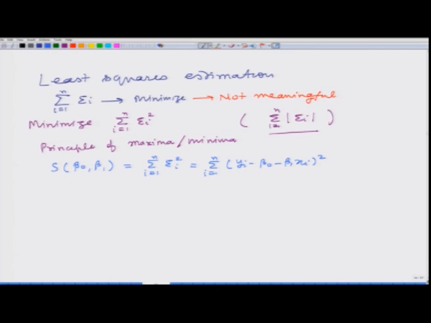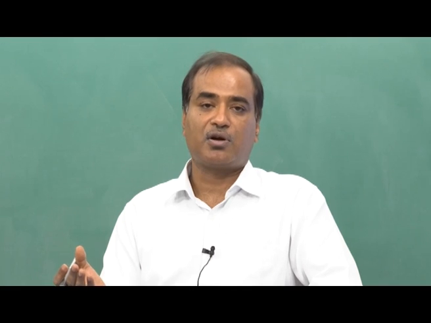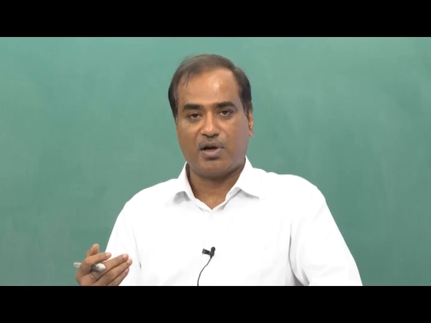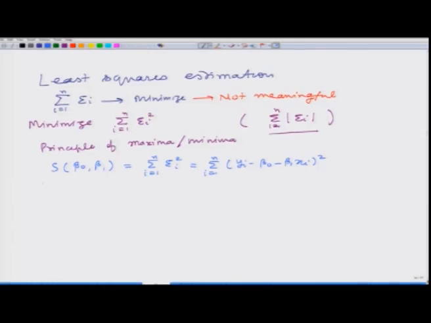Okay, the principle of maxima and minima says that we need to obtain the partial derivative of S with respect to beta 0 and beta 1, put them equal to 0, solve it and then check using the second order derivative whether the solution gives us the maxima or minima. So, exactly we are going to follow the same rule.